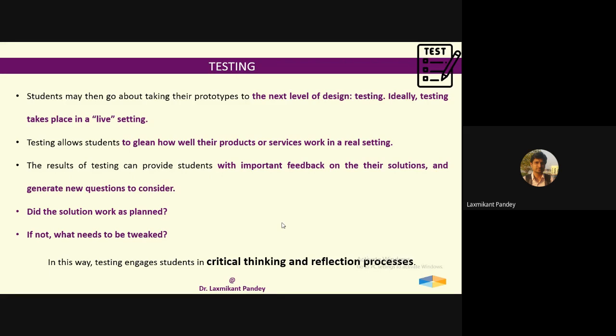After getting those results, negative or positive, if it's positive, it's okay. If negative, students can get feedback from their mentors and collaborators, and after that they can design some other prototype for the existing problem.